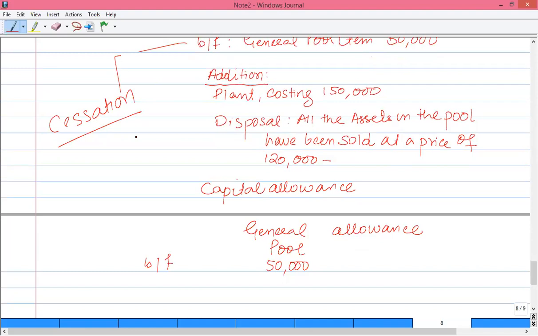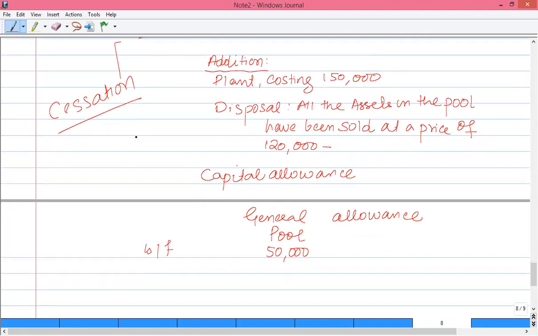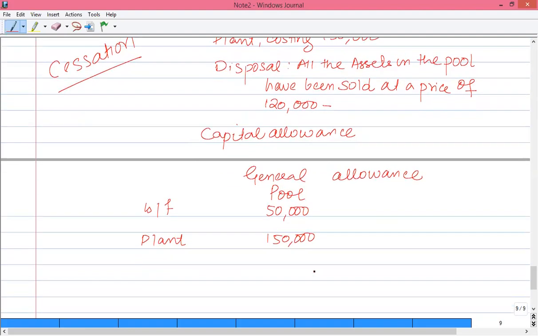But as I am assuming a situation of cessation, there is no AIA, and the plant cost will be transferred to the pool directly.